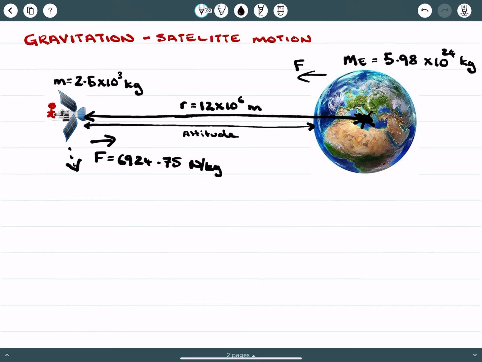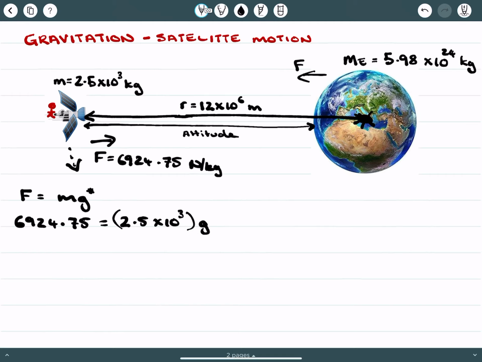Now, we can find this two ways. One way is we can say that F equals mg, and I'm just going to denote this g with an asterisk, and that just means that it's the relative gravity. And we know that my force was given by this. The mass of the satellite is 2.5 times 10 to the 3.